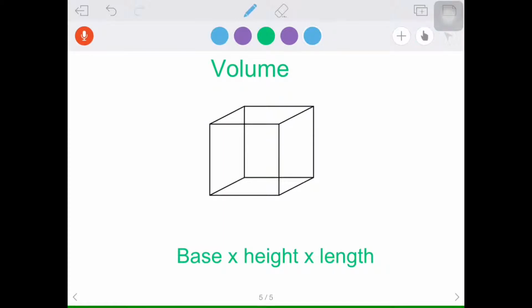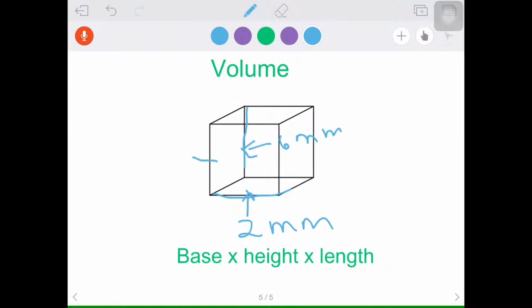So, let's do an example, because this may be a little hard for people. Our height is right here. Don't forget that. This little line right here is height, and it'll be 6 millimeters. Our base over here, this line right here, will be 2 millimeters.